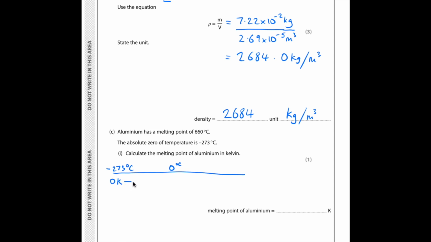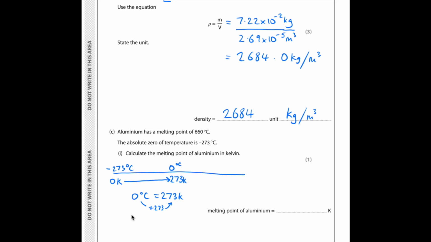So to go from 0 Kelvin back up to 0, you've got to add 273. So in other words, 0 degrees C is going to equal 273 Kelvin. So whatever degree C you've got, if you want to convert it into kelvins, you've got to add 273.